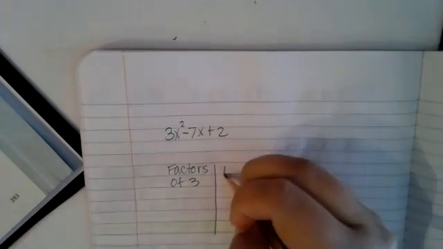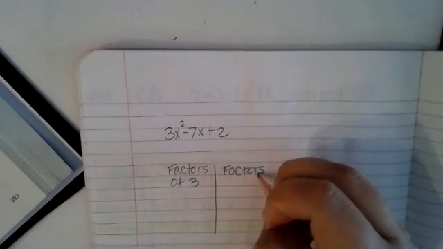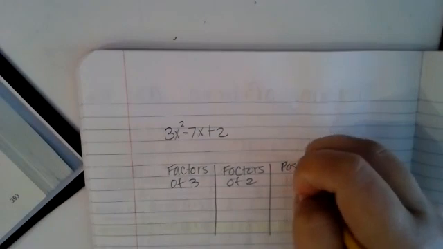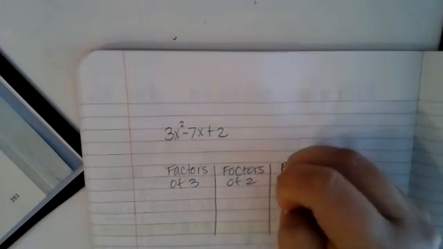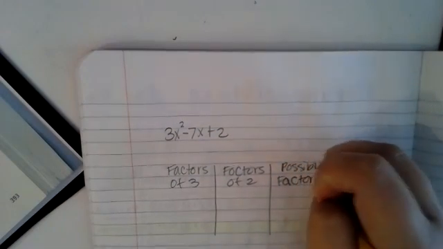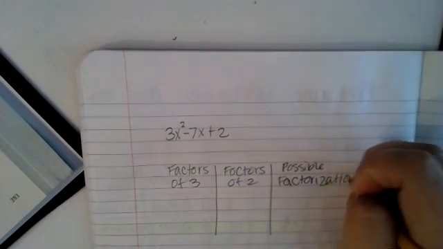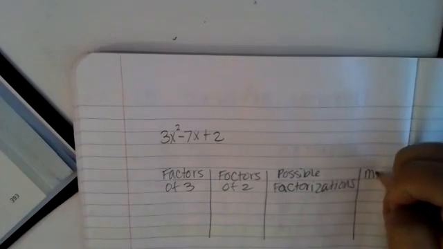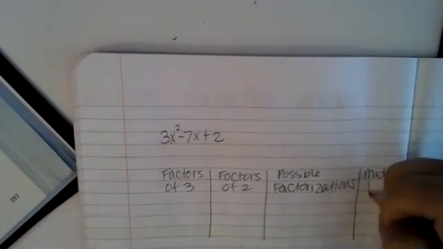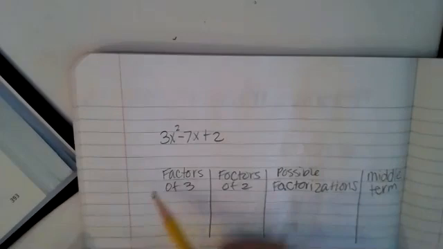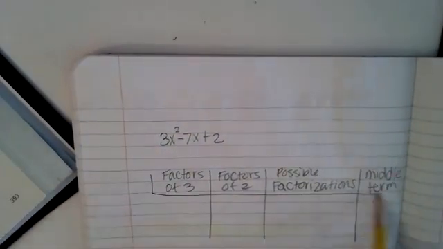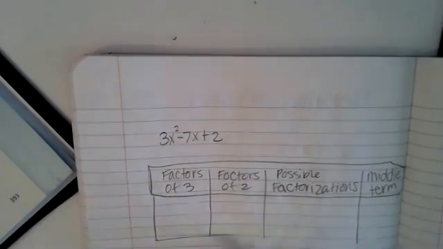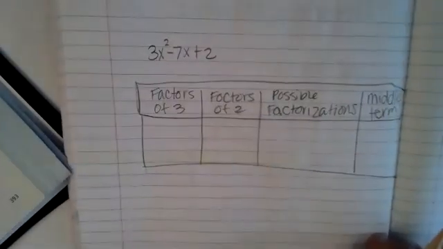Factors of my constant, so factors of 2. These are possible factorizations. And then this is: does it make the middle term or not? Middle term. Okay, so this is like the standard table we can use anytime we have a bigger than 1.